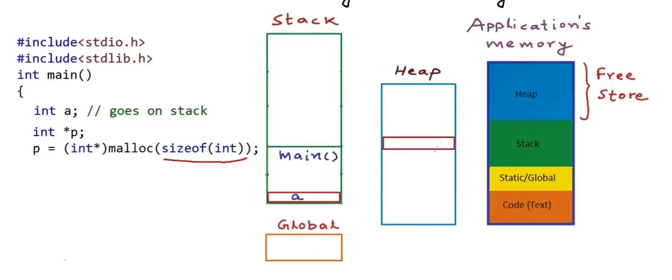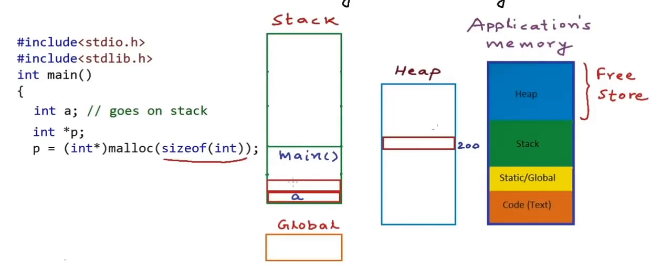So one block of 4 bytes will be reserved or allocated on the heap, and malloc will return a pointer to the starting address of this block, and malloc returns a void pointer. Let us say the starting address of this block of 4 bytes is 200. So malloc will return us the address 200.